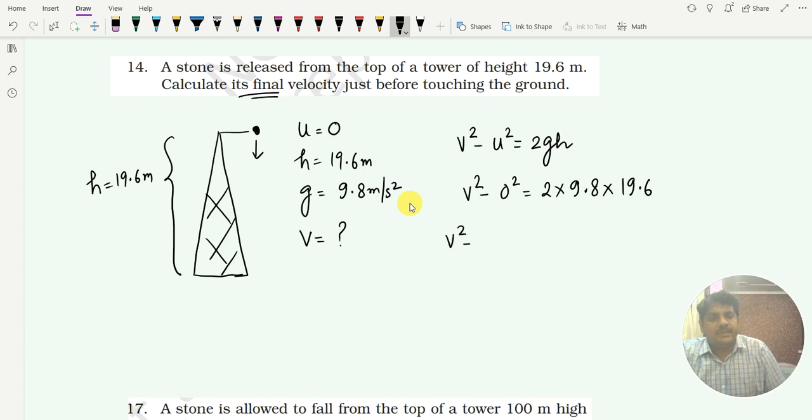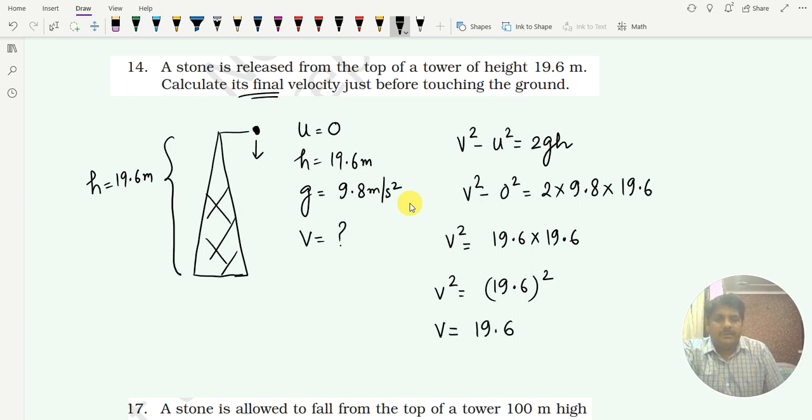So we get V square is equal to 19.6 multiply 19.6. Now you see how the calculation is becoming easier. So V square is equal to 19.6 whole square. So what is the value of V? V is equal to 19.6 meter per second. So this would be the answer.